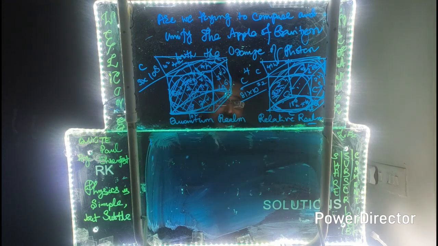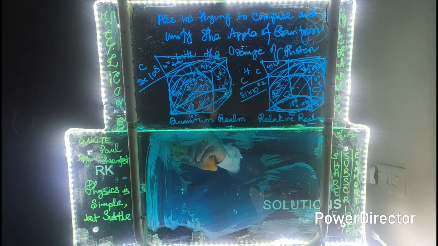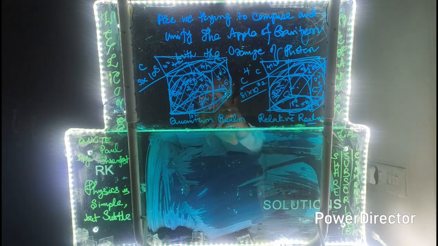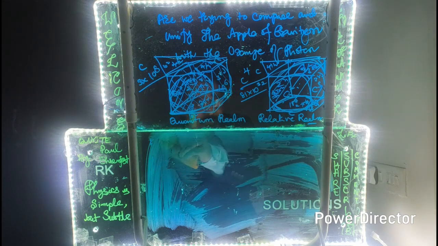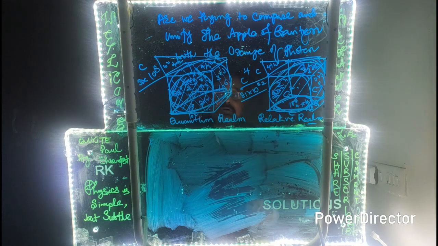Only thing that changed was this magnitude, 10 square. Here it is 10 square, here it is C. And this C is the fourth dimension of this quantum world. That fourth dimension became the first dimension of this relative.